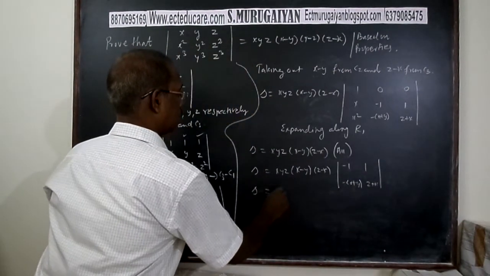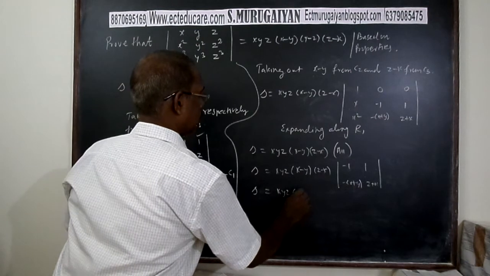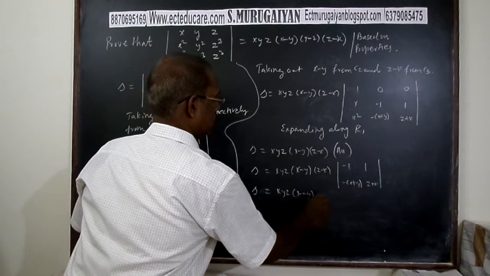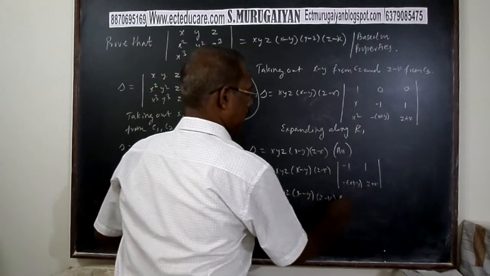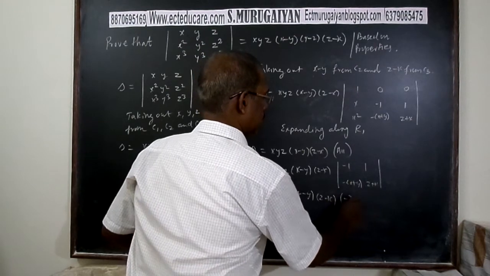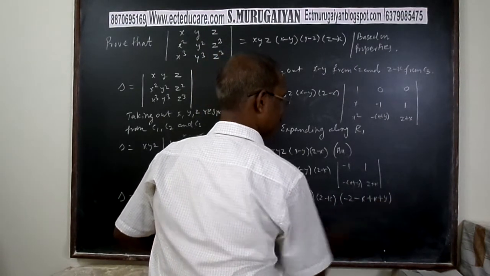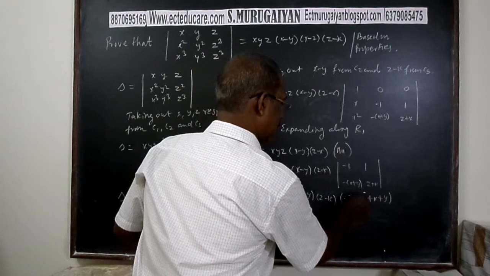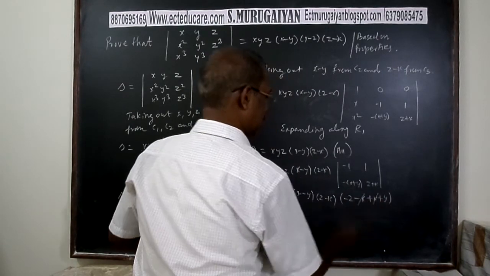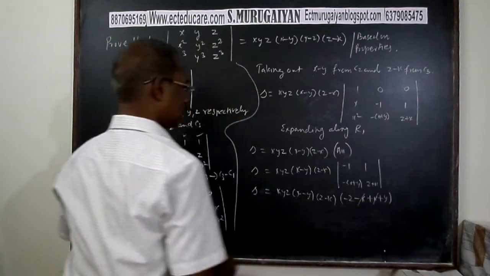Then delta equals x, y, z, x minus y, z minus x into minus z minus x plus y. So minus x and plus x cancel, leaving y minus z.